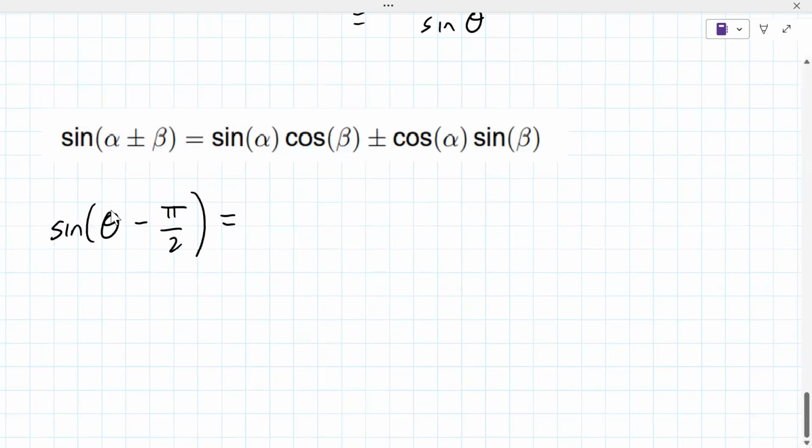So this is a question to you. What is alpha and what is beta in this one? Alpha's theta and then beta is pi over 2. Good. Okay, so try writing this out.